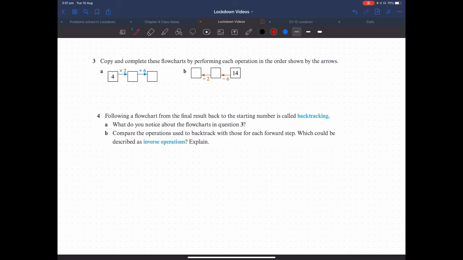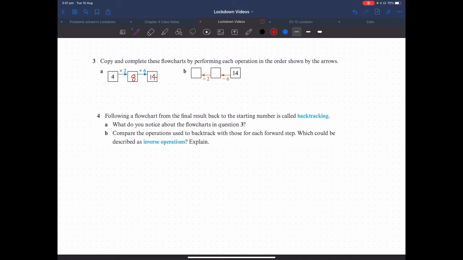So we go 4 times 2. 4 times 2 is 8. The arrow from the 8 goes to the new blank box, and on the arrow it says plus 6. So we go 8 plus 6 is 14.